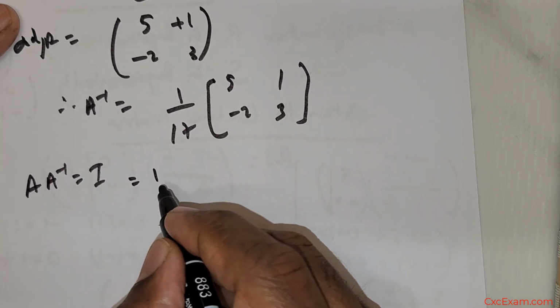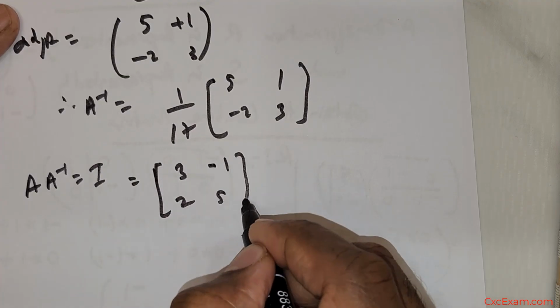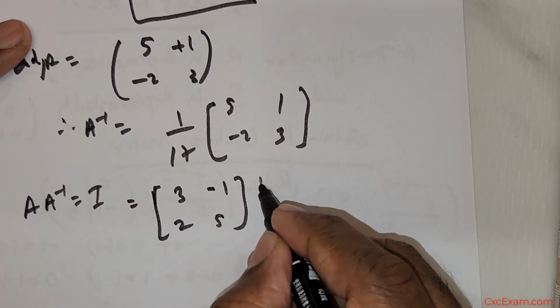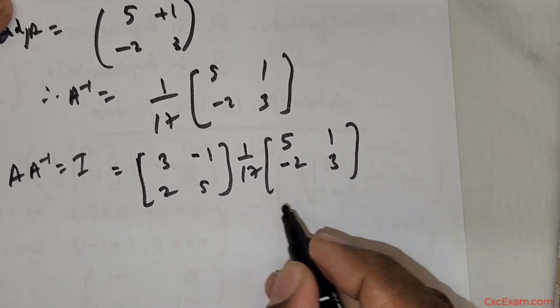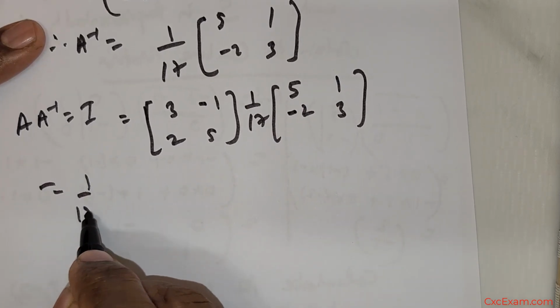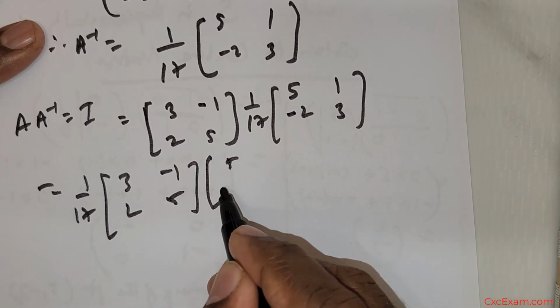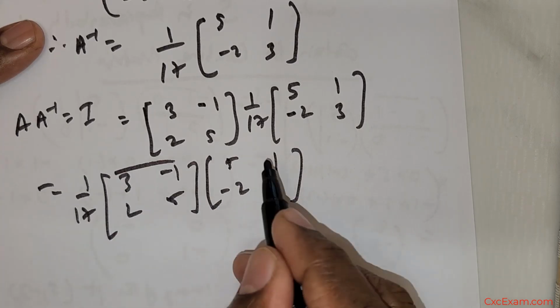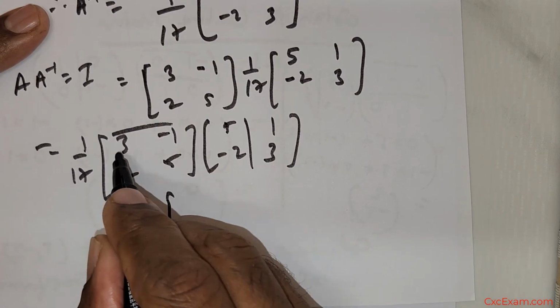Now you can check if A multiplied with A inverse will give you I. So how do you do that? I have this matrix 3, negative 1, 2 and 5, and A inverse is 1 over 17, 5, 1, negative 2 and 3. Row, column, you place 1 over 17 out.